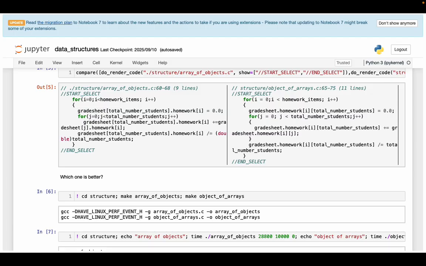For the left-hand side, the array of objects, we have to go through each object, specifically pick the homework element, put that result in an accumulator, and then find the average. And for this one, we go to that specific column in a table, or store them in transposed order.